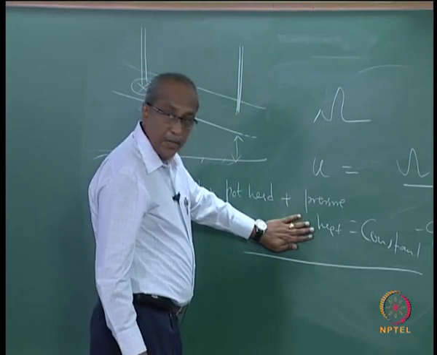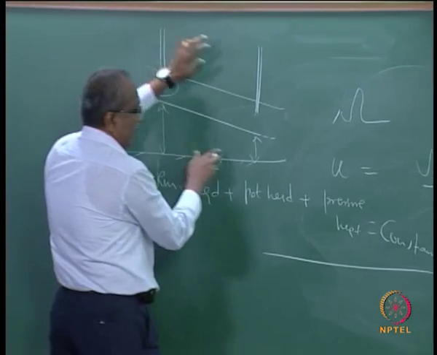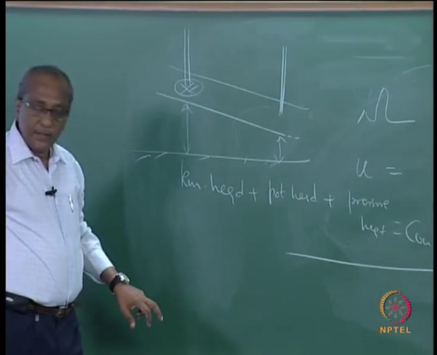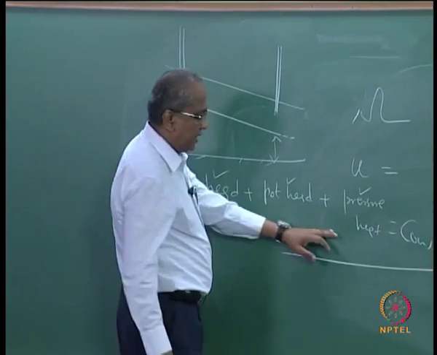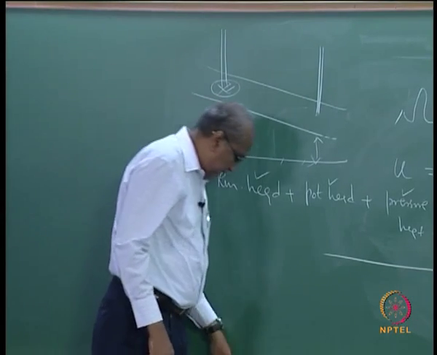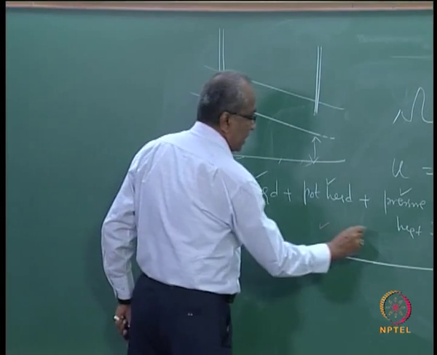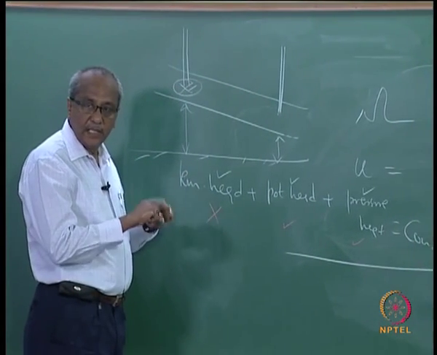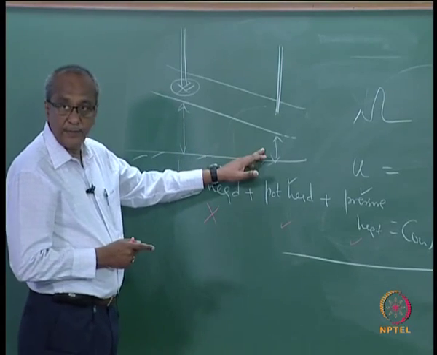Using the equation, the total energy is a constant at this location as well as at this location. So, if all these things are available at location 1, and at location 2 this is not available but these are available, then you can determine this by equating the total energy at both locations.